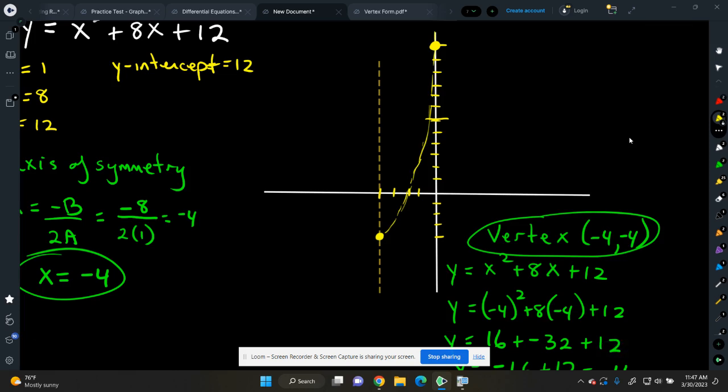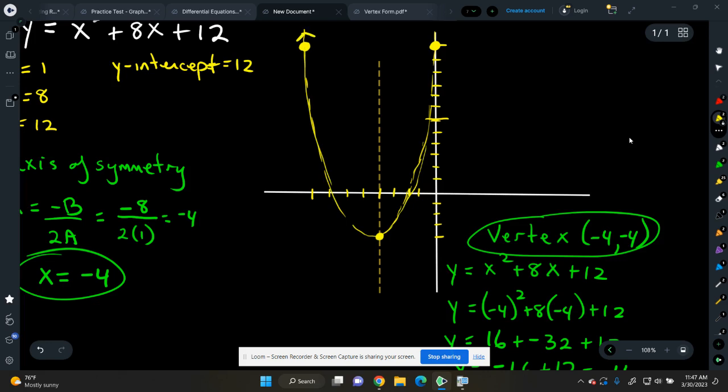So fold it over. When I fold it over, I have to go 4 in that direction. So there's my 3 points. Now I can complete my graph. Make sure you remember to put arrows on the end. And we're done.